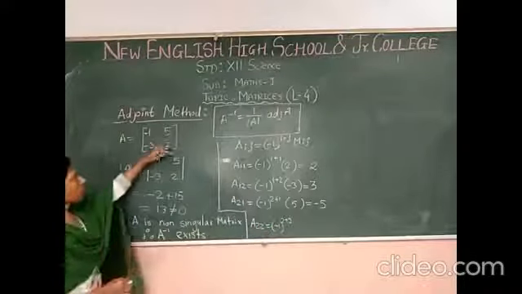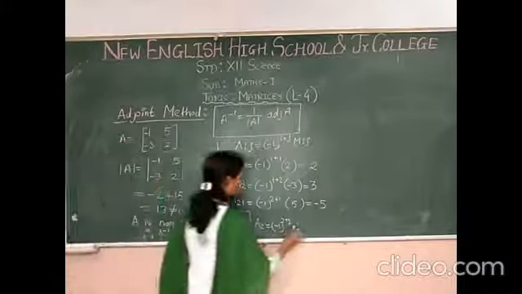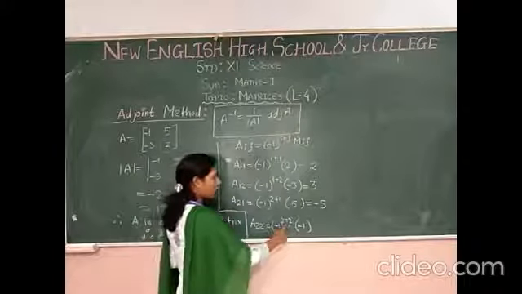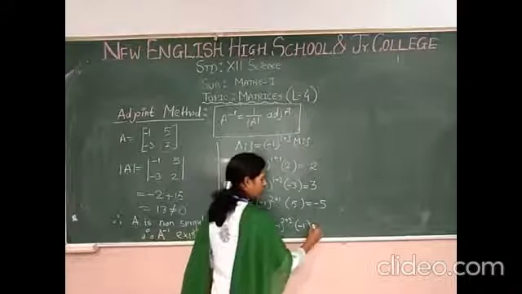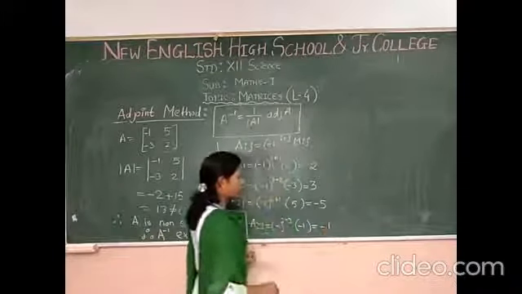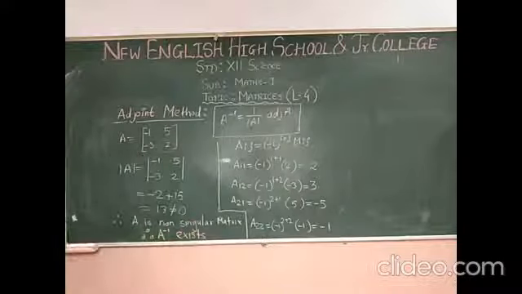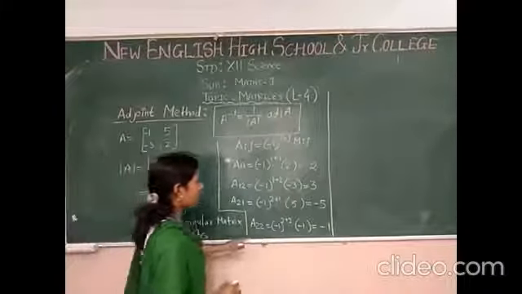Second row, second column. What remains? Minus 1. 2 plus 2 is 4. Minus 1 raised to 4, that is an even number. It is plus 1. Plus 1 into minus 1, that is minus 1. Is it clear? Please note it down. Children, comfortable till here?